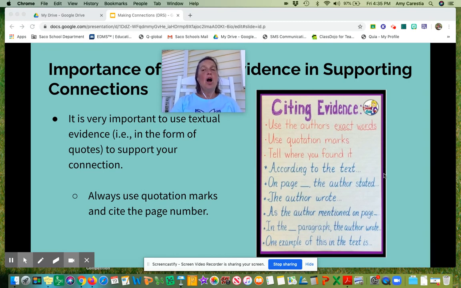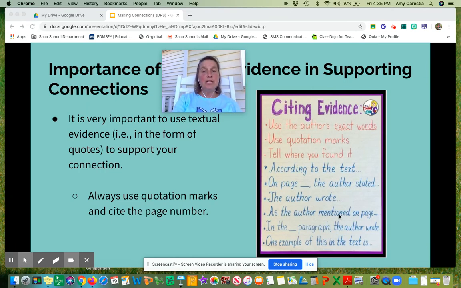For example, according to the text, comma, or I love this one because you don't even have to use the page number at the end: on page 5, the author stated, then you have comma with your quote. Another sentence starter is, the author wrote, comma, then your quotations.